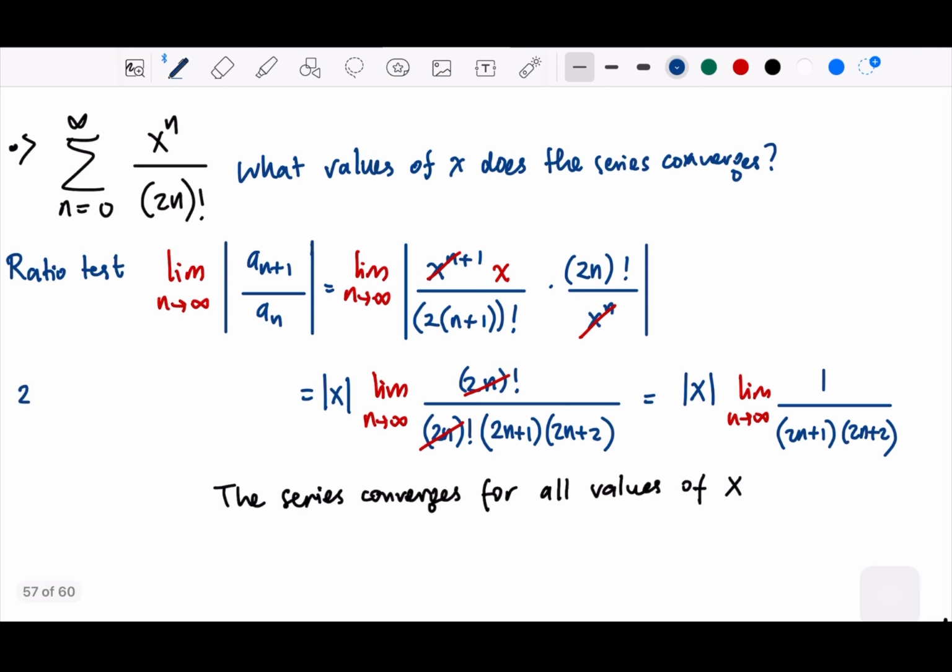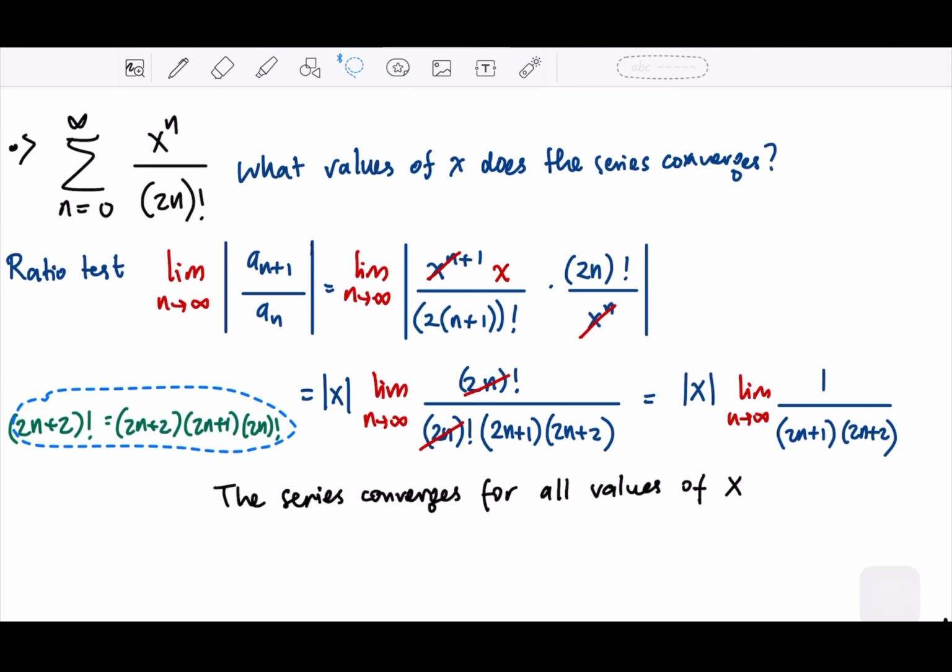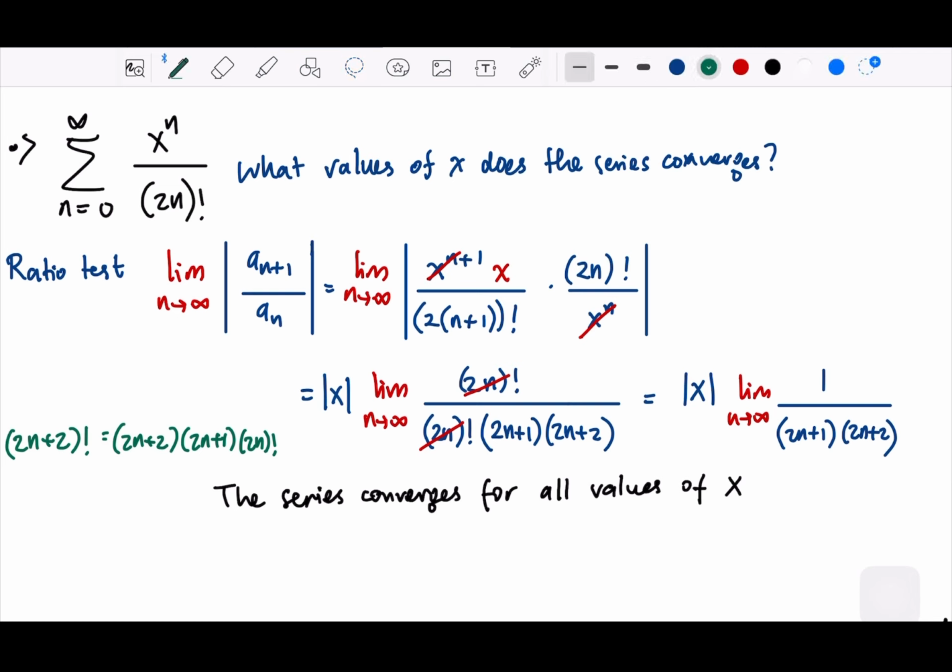You can think that if you have a little bit of difficulty with the factorials, we can see the factorial as 2n plus 2, 2n plus 1 and 2n factorial. So we give notes.